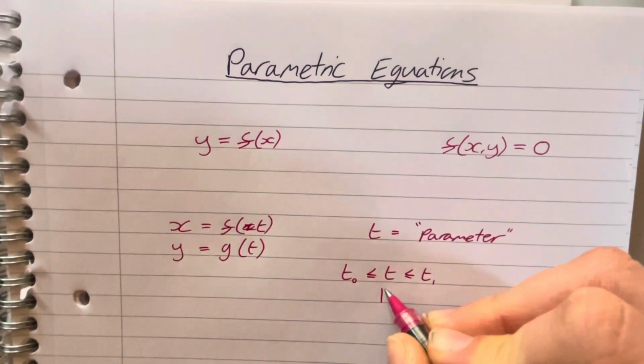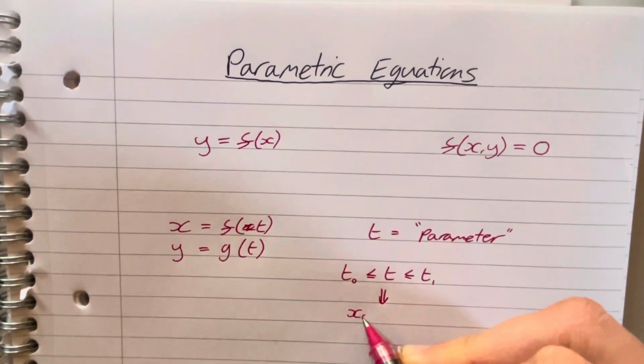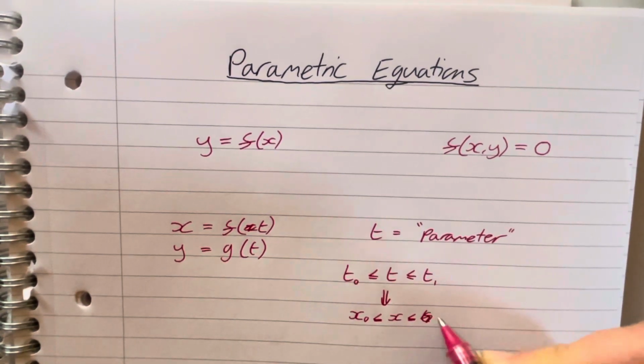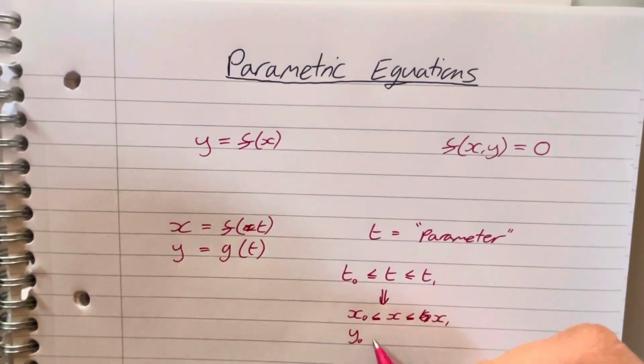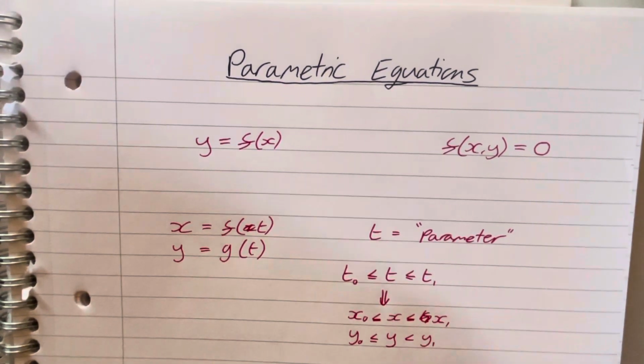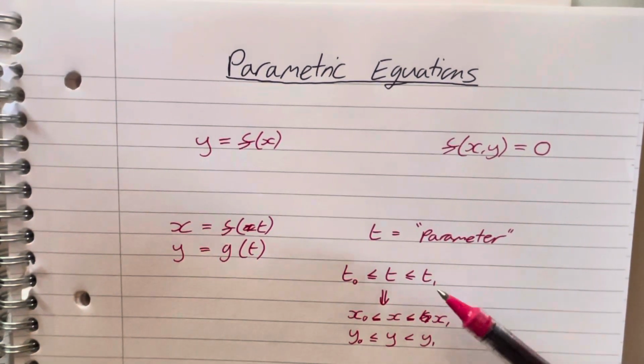But this typically will mean that x will be restricted as well, not always, but typically, and also y. So we'll look at how we go about finding these bounds here based on the bounds there.